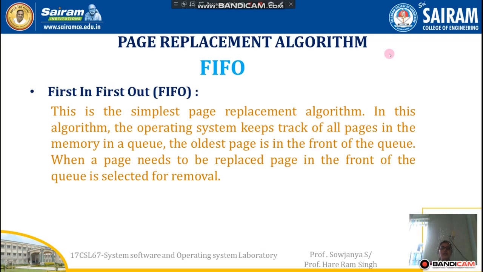In this algorithm, the operating system keeps track of all the pages in the memory in a queue. That means it keeps track of whatever pages are in the memory. The oldest page is at the front of the queue. When a page needs to be replaced, the page at the front of the queue is selected for removal. This is how the first in first out strategy works.